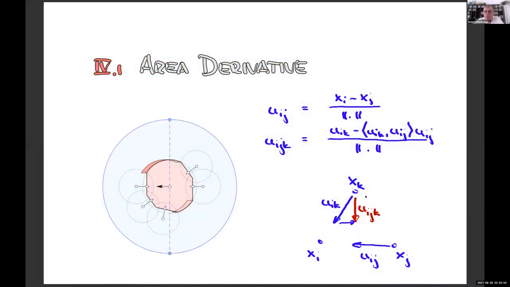I wanted to explain this UIJK. So I, J, K are three spheres, and UIJK is a vector from the center of the kth sphere, xk, normal to the line of xi, xj.